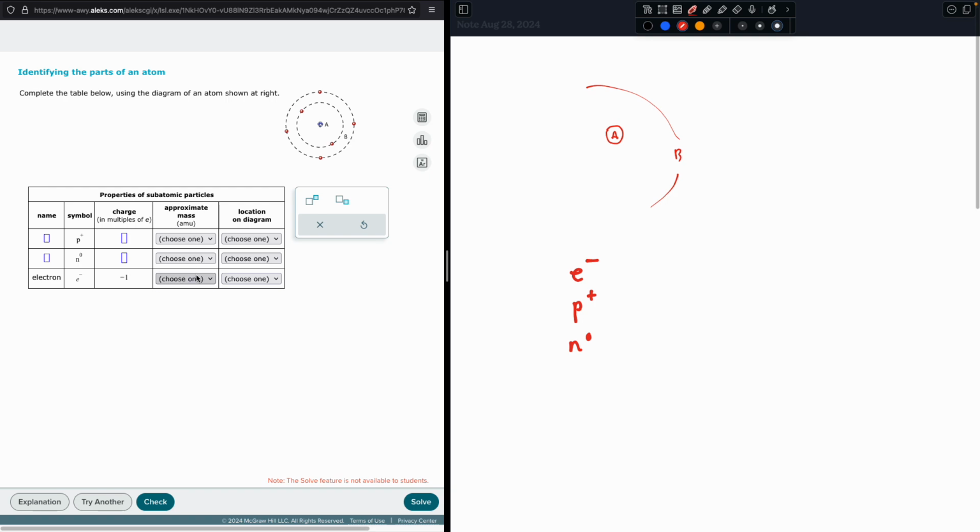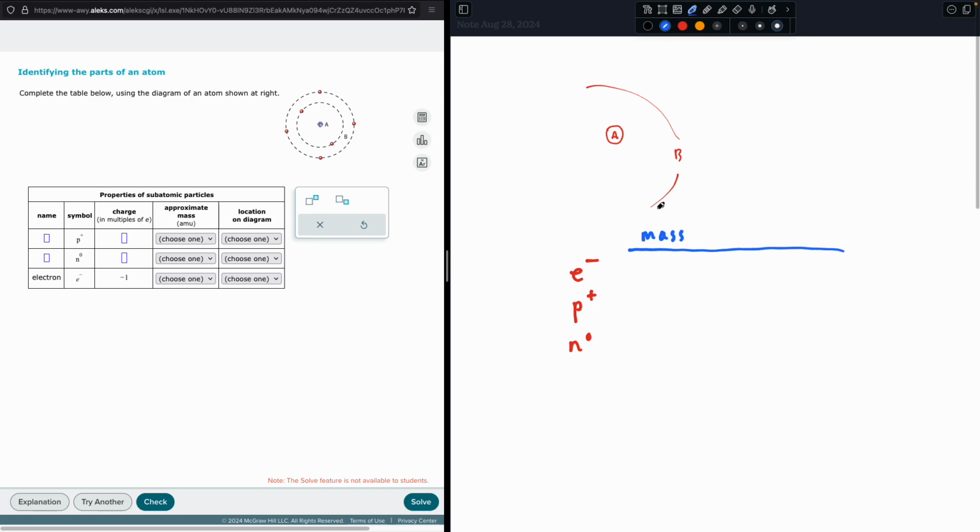And the approximate mass. Now remember the mass of a proton, let me come over here. How do you spell proton? With a P? Mass of a proton. I might put some other information out here too. We'll pretend like we're just reading this from the explanation.